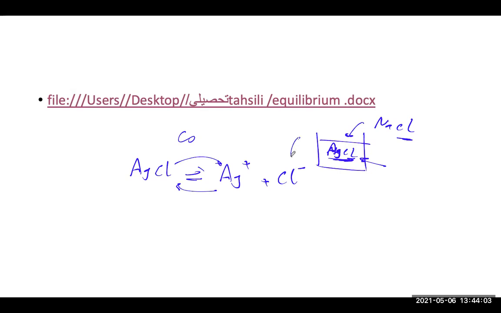When you add more Cl from NaCl to your solution, the concentration of the ion will increase, so it will shift again to the left. It means the concentration of Ag will decrease, so the solubility of AgCl will decrease. So mainly, adding a common ion to a solution will decrease the solubility of the substance.